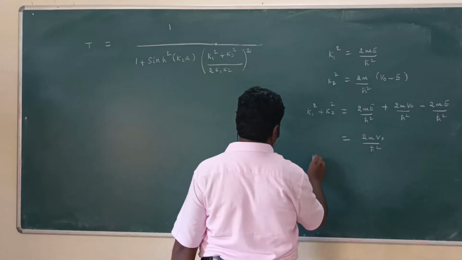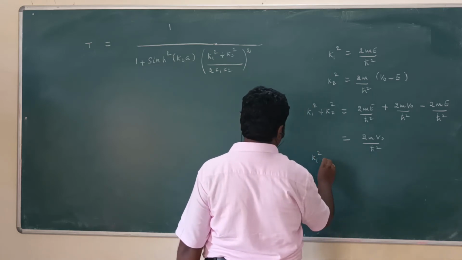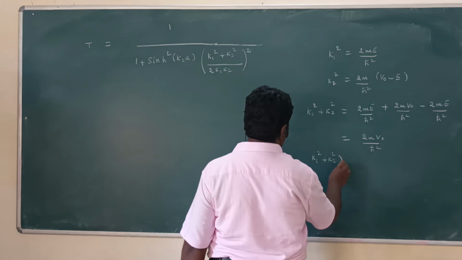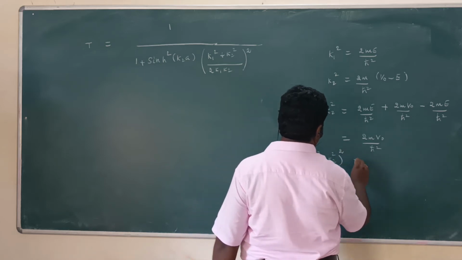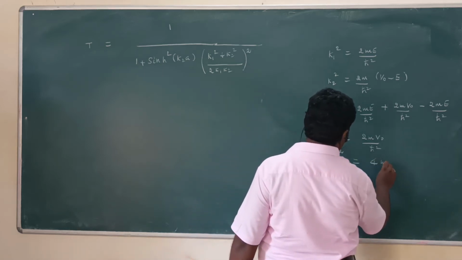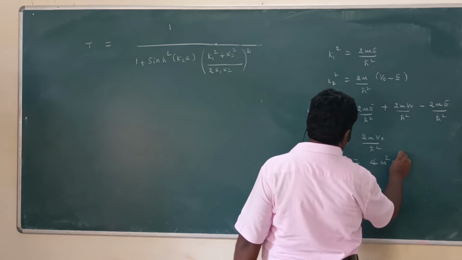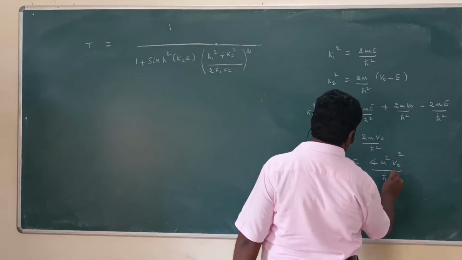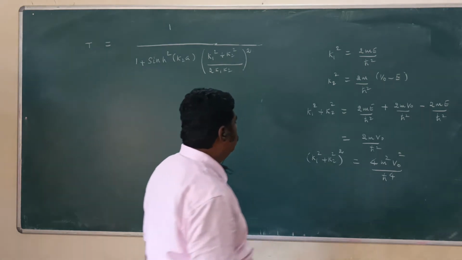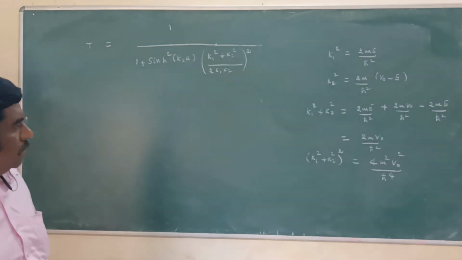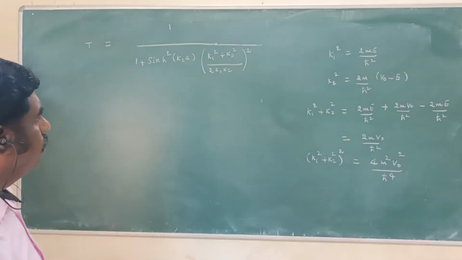Then (k1 square plus k2 square) whole square is equal to 4m square V0 square divided by h cross power 4. This we have calculated, the value of k1 square plus k2 square.